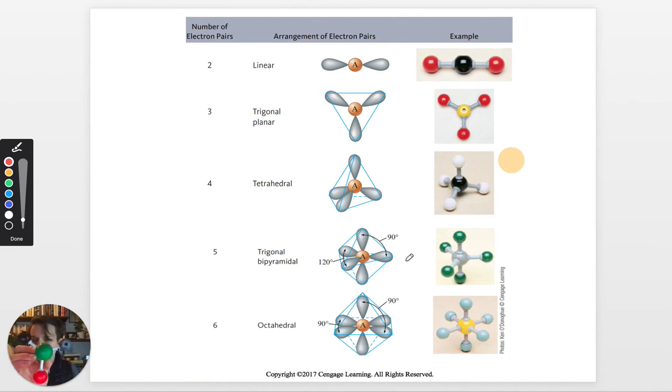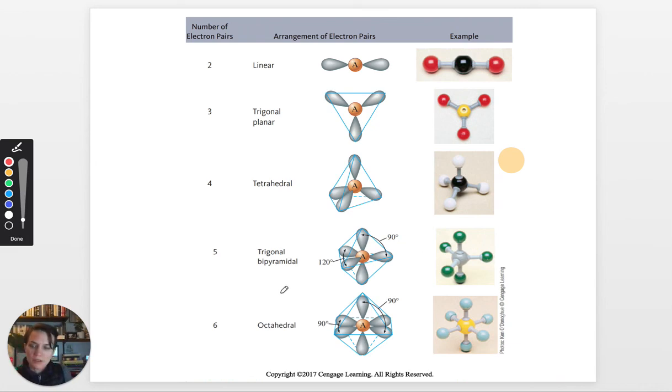You can think of each side as being a pyramid. So it makes sense that here we have a 90-degree angle, and here we have a 90-degree angle, and here we have 120. So those are mixed angles, depending on which orientation you're looking at.